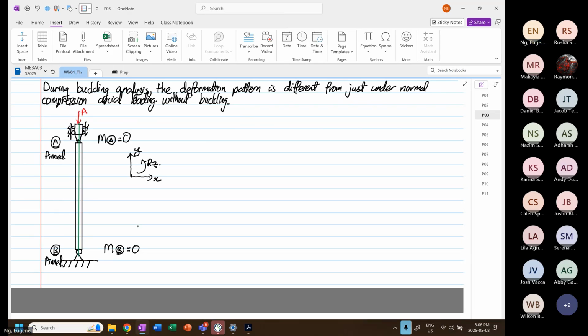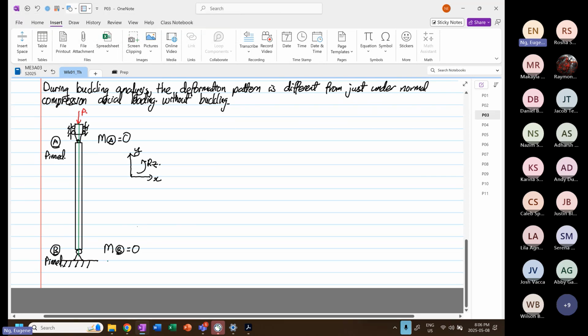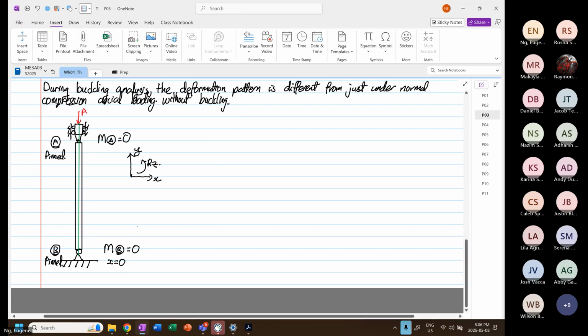So before I do any sketch for you, if you look at point B, right, one of the conditions at B is x is equal to 0 and y is also equal to 0, right? But the moment is also equal to 0. The moment at A is equal to 0.